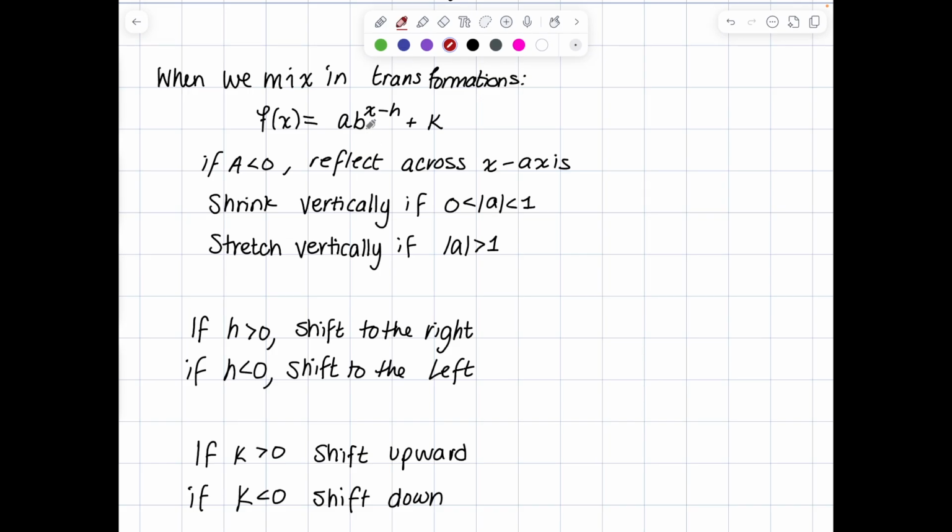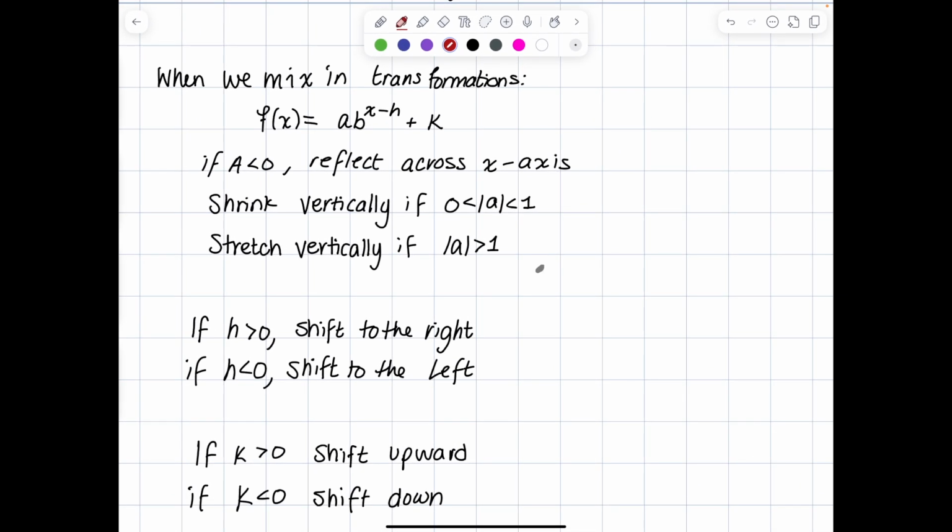If h is the variable in the exponent, and h is greater than 0, you're going to shift it to the right. If it is less than 0, it is going to be shifted to the left. So if it's plus 3, you're shifting it to the left. If it's minus 3, you're shifting it to the right.